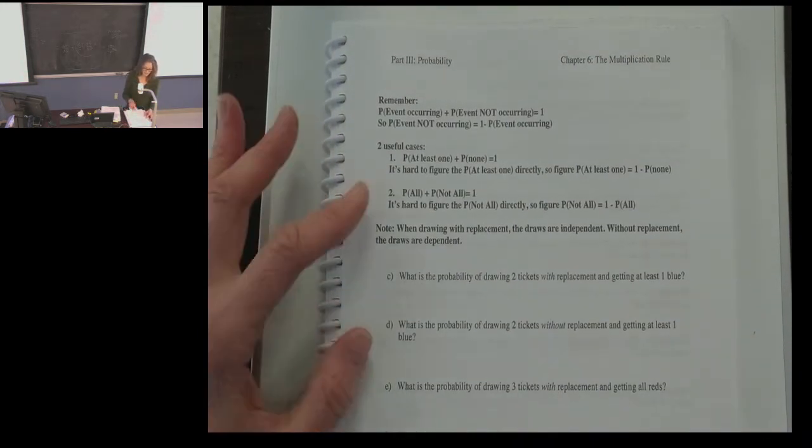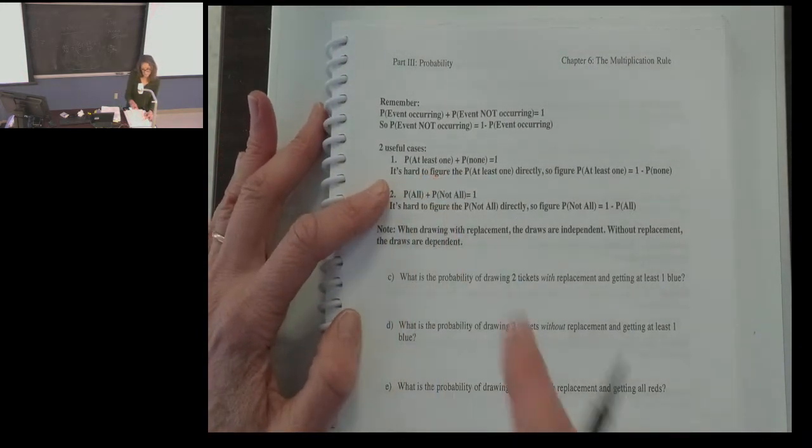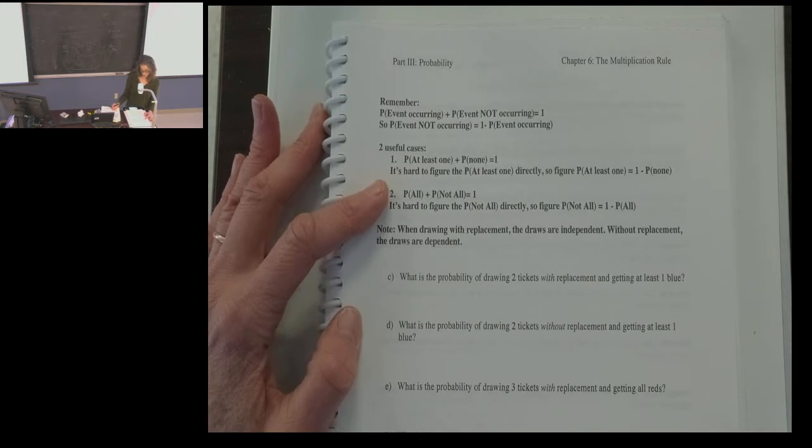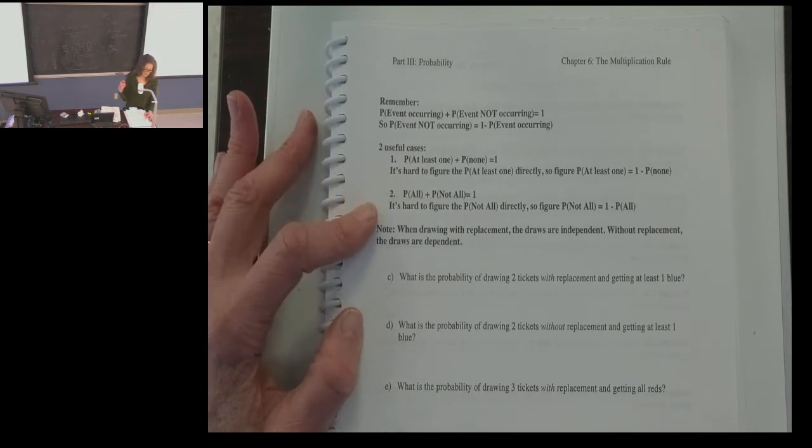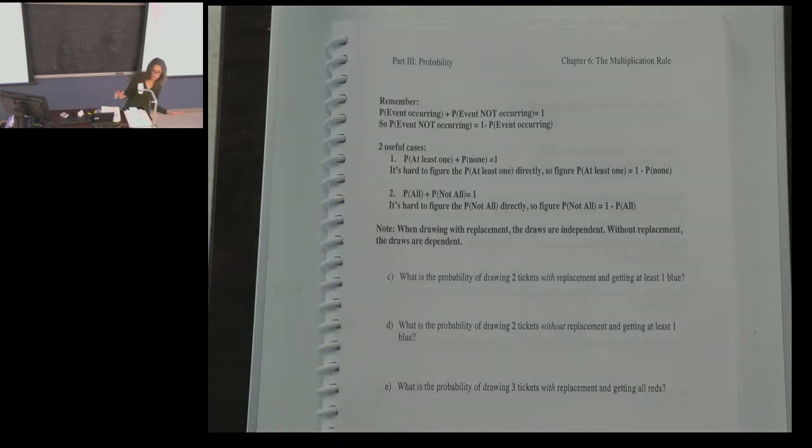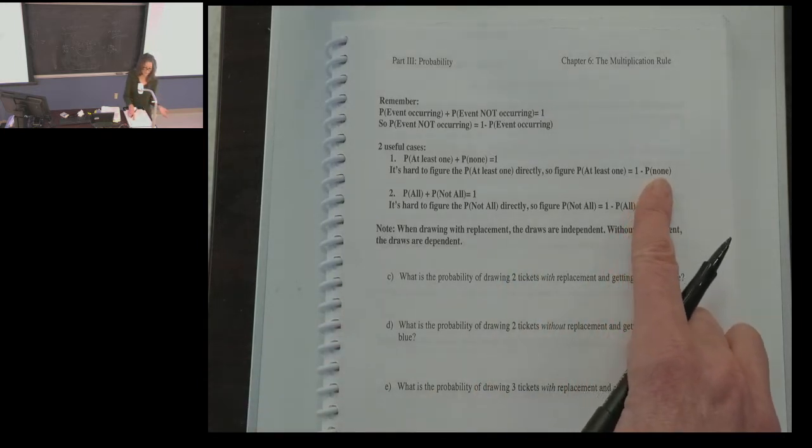The probability of at least 1 is hard to figure out, because at least 1, depending on how many things you're talking about, is everything but 0. It's 1, 2, 3, 4, 5, 6, everything but none. So those 2 things are complements, and it's easier to figure out the probability of none.